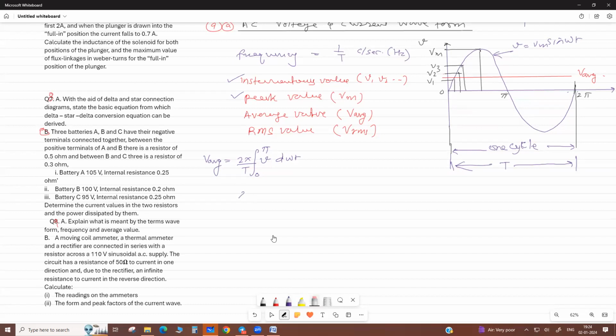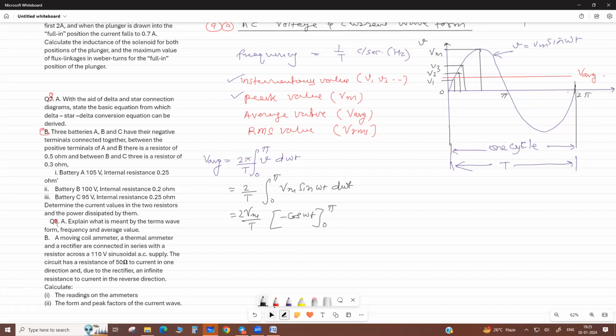So 2 by T, now the integration from 0 to pi of Vm sin omega t d omega t. Vm we take outside, 2 Vm by T. Vm is constant. Now integral of sin is minus cos omega t. Then you put the limits 0 to pi.